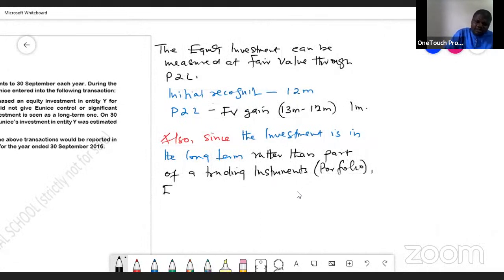Eunice can make an irrevocable election on initial recognition to measure the equity investment at fair value through OCI, since the investment is in the long term rather than part of a trading instrument.